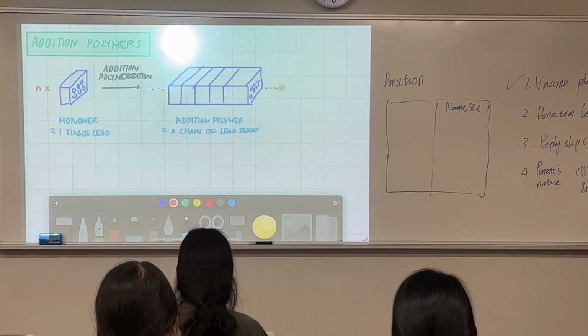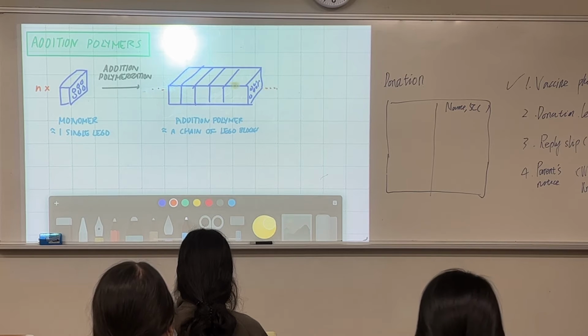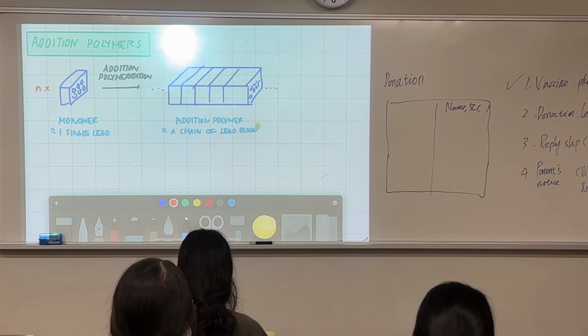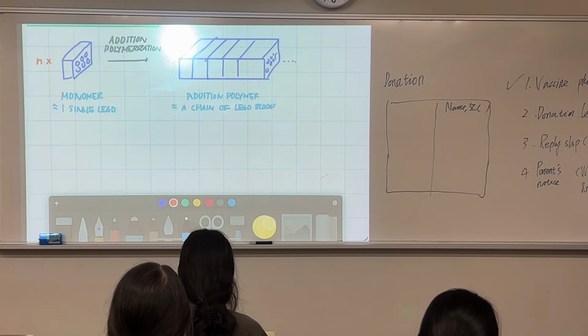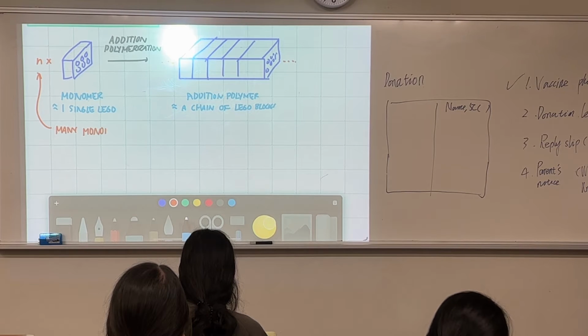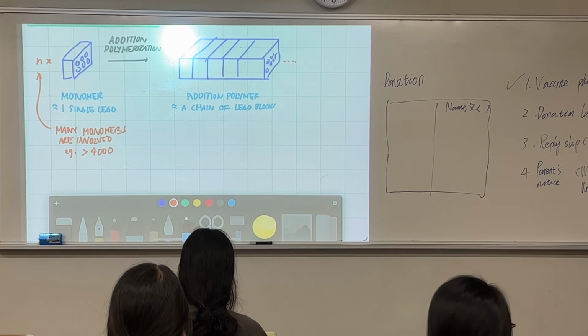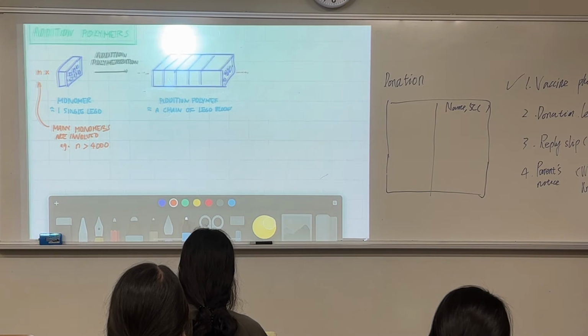You see the dot here, meaning that there are many Lego blocks to follow and many Lego blocks that come before it. This is why we put an n in here, since many monomers are involved, for example, more than 4,000. So n is a very large number, and we don't have to know what that number is.